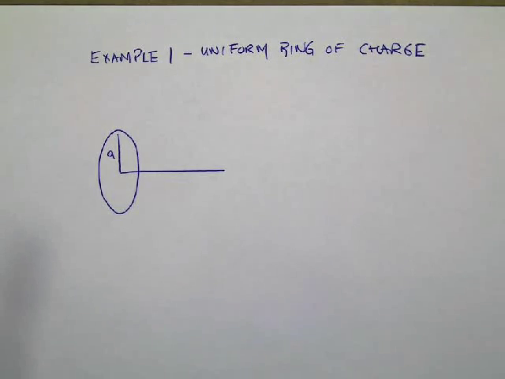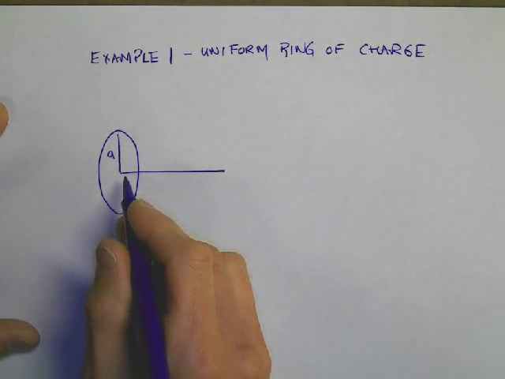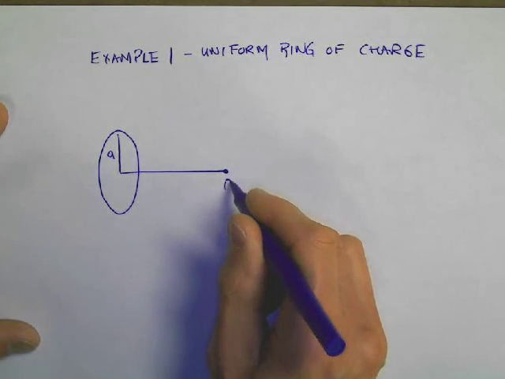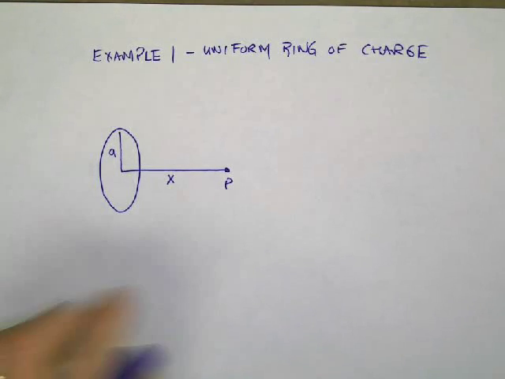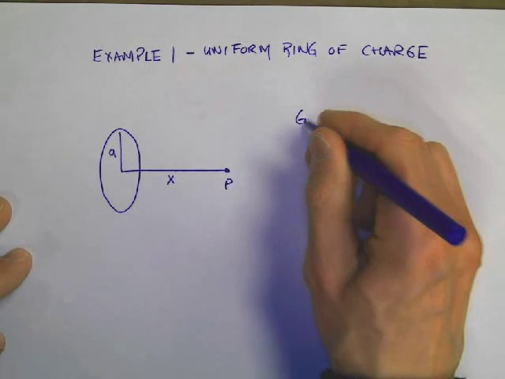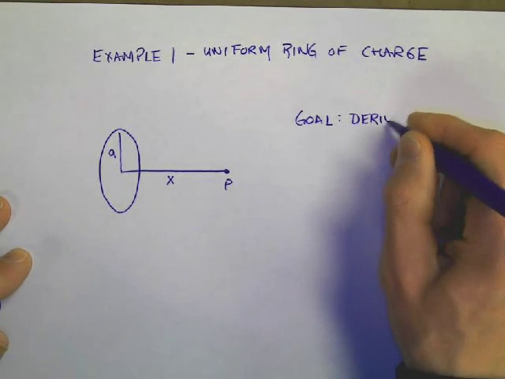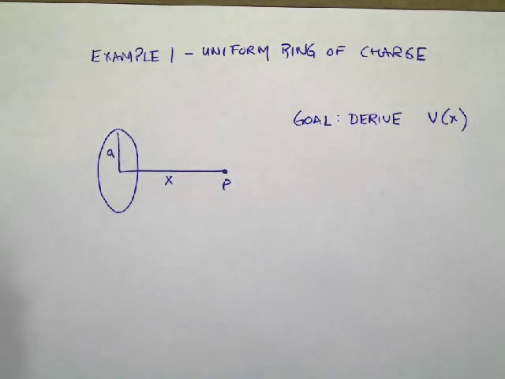The radius of the ring is going to be a, and we are going to try to find the potential at a point P along that axis of symmetry. So our goal is to derive the potential as a function of x, where x is the distance from the center of the ring.